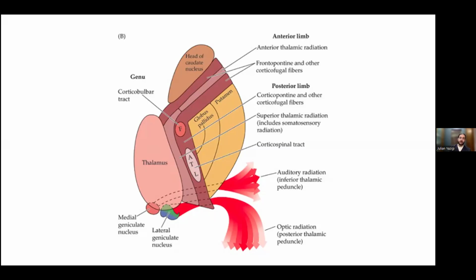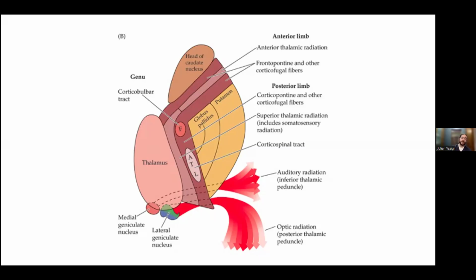The retrolenticular part contains optic radiation fibers, particularly superior and parietal components, as well as posterior thalamic radiations to the parietal and occipital association cortex. Lesions often produce contralateral homonymous hemianopia, which is often dense.